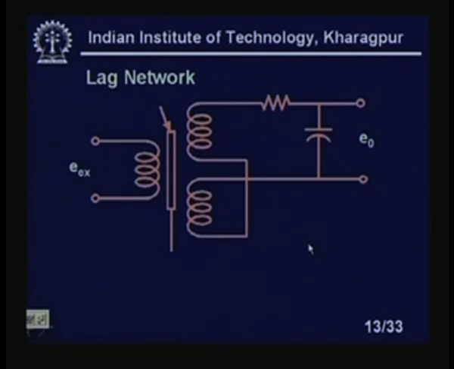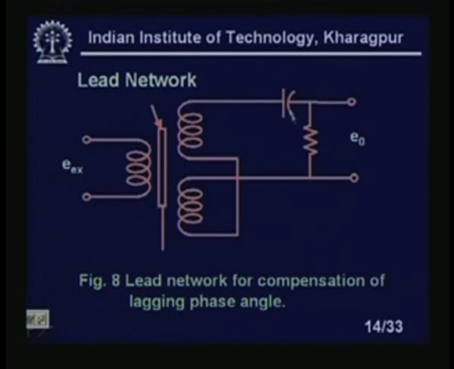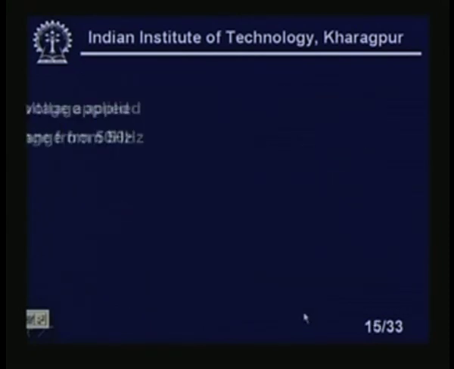It is not very important, most of the cases you will find, right. So this is a lag network for compensation of the leading phase angle. Similarly, if it is a lagging phase angle, I can use a lead network. For a lead network, just interchange the capacitors and the resistances, and I will get a lead network. For a leading phase angle it will look like this.